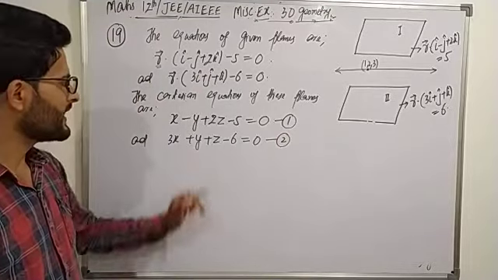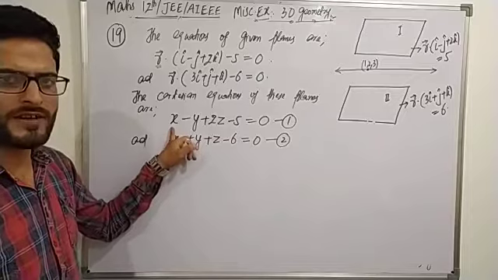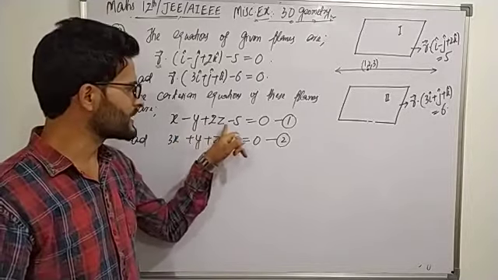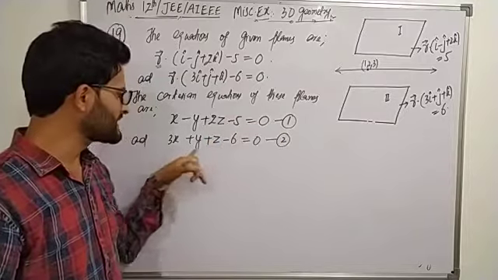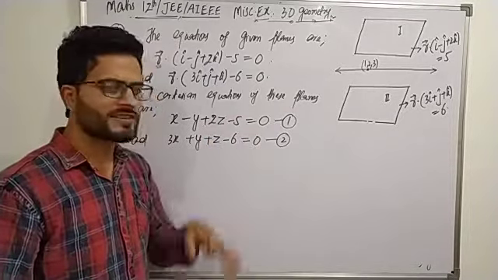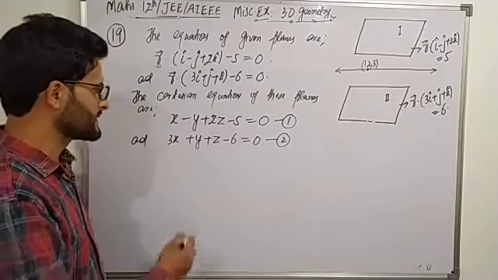Since the equation of plane first in Cartesian form is x minus y plus 2z minus 5 equal to 0, and plane second is 3x plus y plus z minus 6 equal to 0, we can find their attitude numbers.